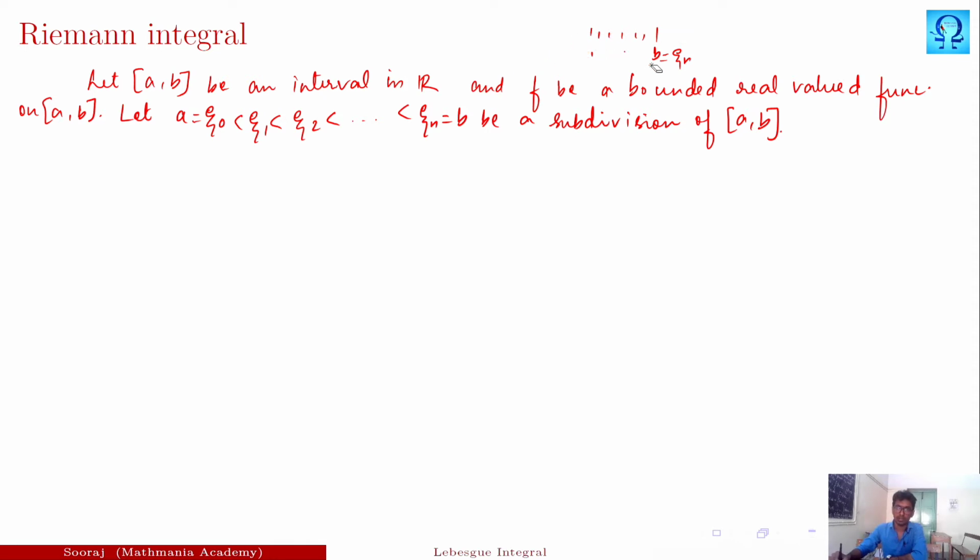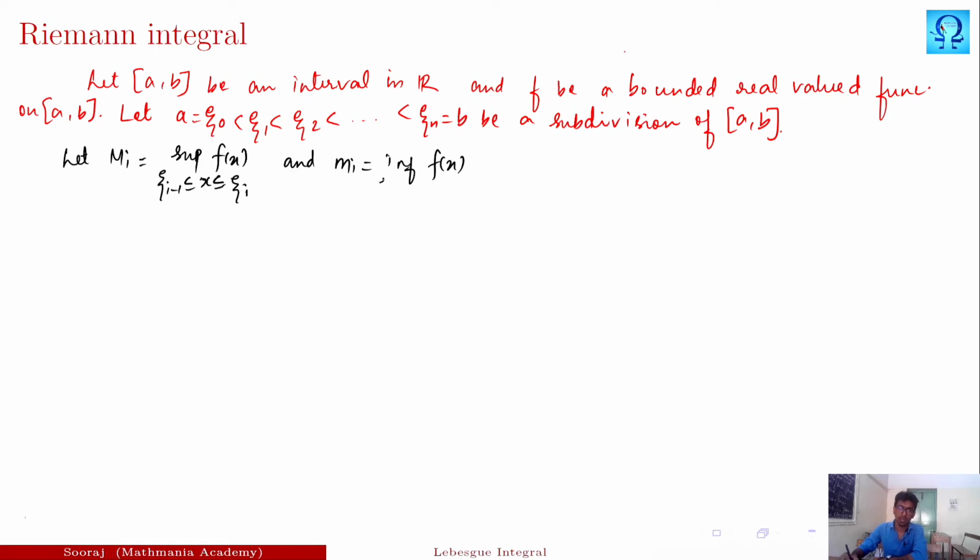After splitting things like this, we define M_i to be the supremum value of the function in this subinterval, and small m_i to be the infimum of the function in the same subinterval that we have chosen.